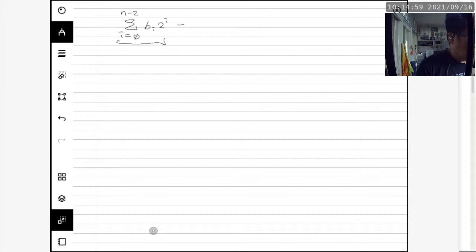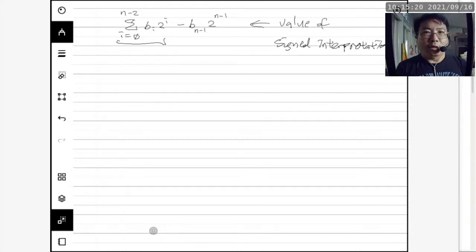This portion cannot be negative, but then we are subtracting b of n minus 1 times 2 to the power of n minus 1. This is the value of the signed interpretation, and this is straight out of the notes, straight out of the module, which you're supposed to have spent part of your 13 hours per week to read before the class.